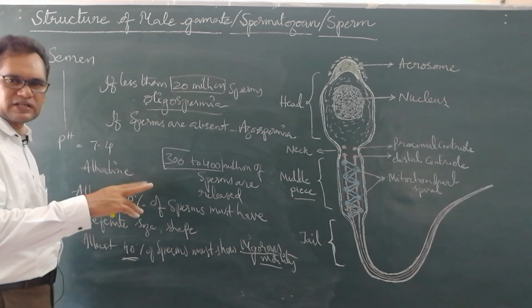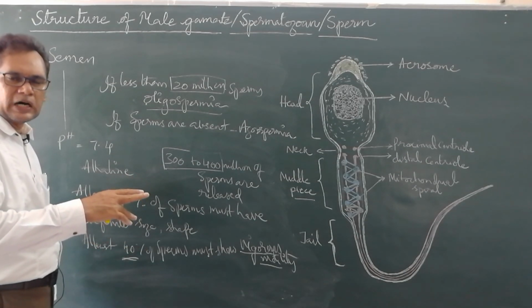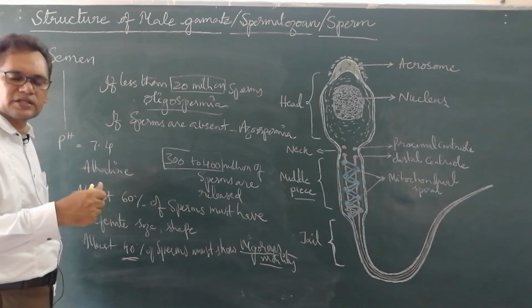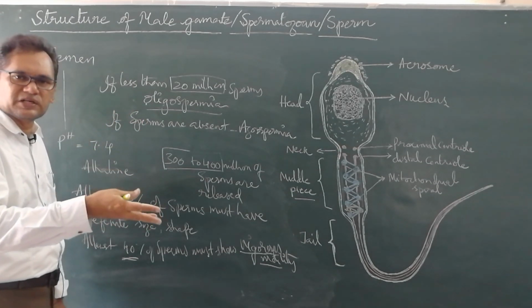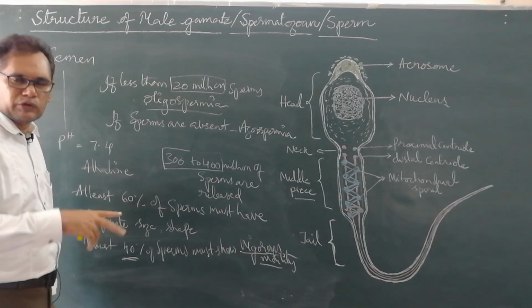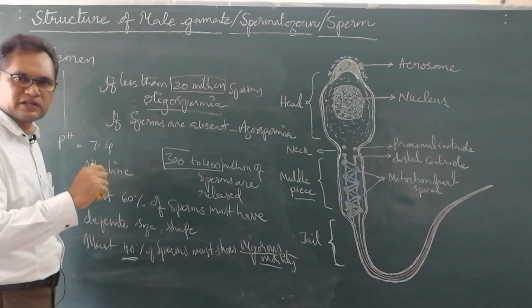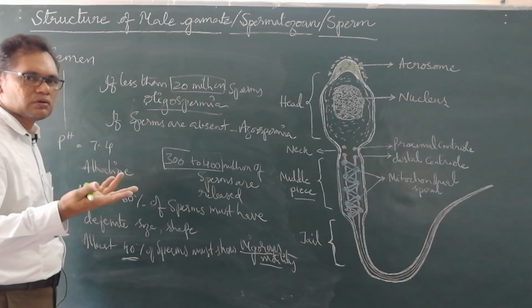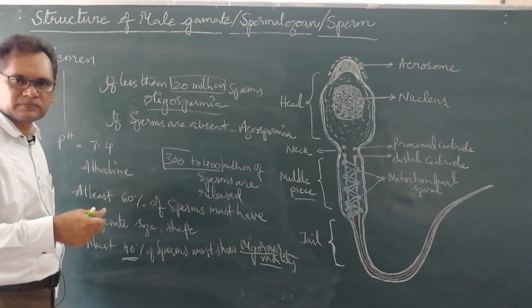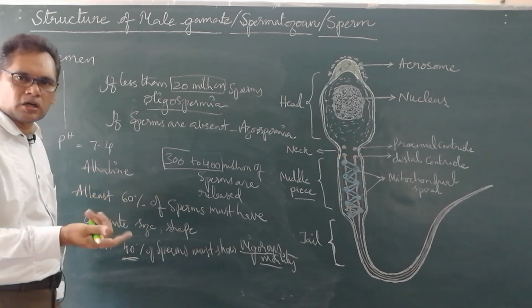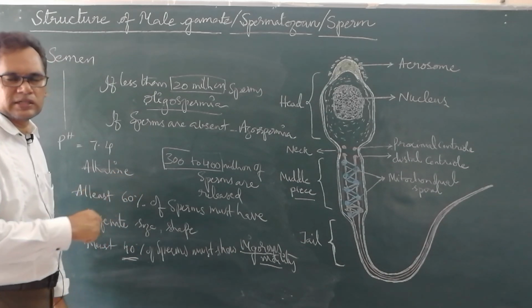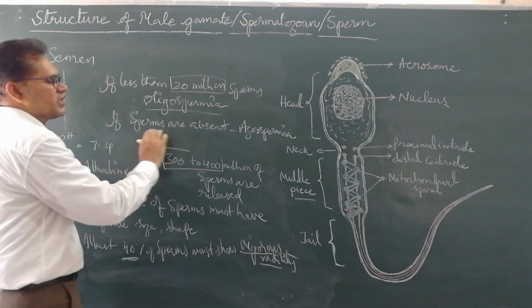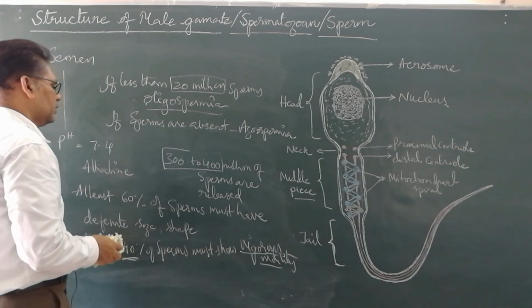Now if the vas deferens is cut or the seminiferous tubules are blocked, sperms may not be observed in the semen. Seminal fluid may be released, but sperms are not observed. Okay. So absence of sperms is called azoospermia.